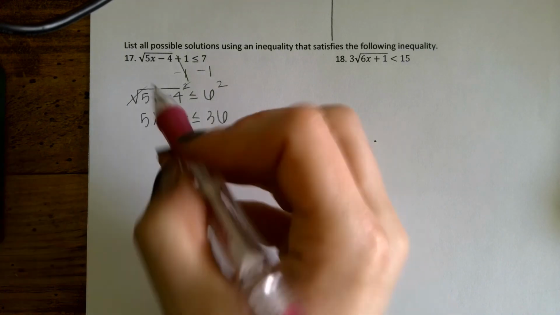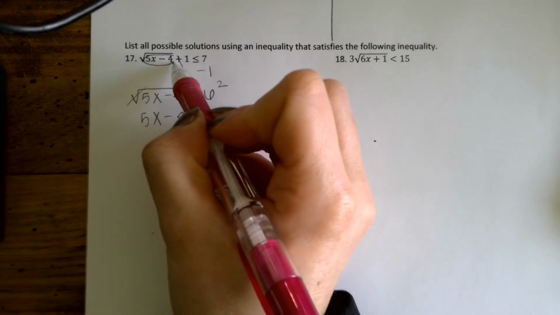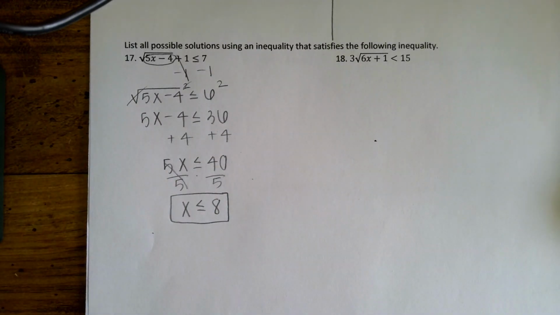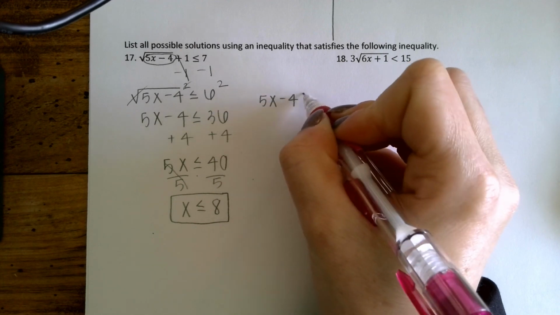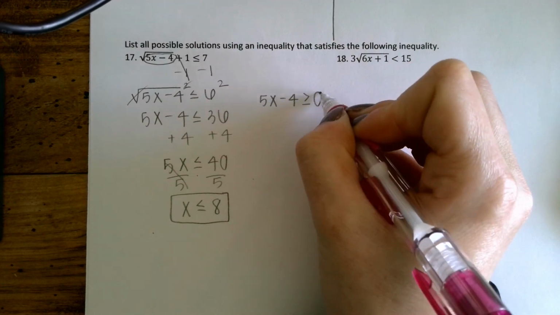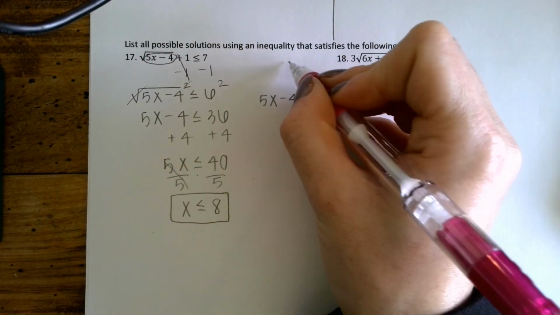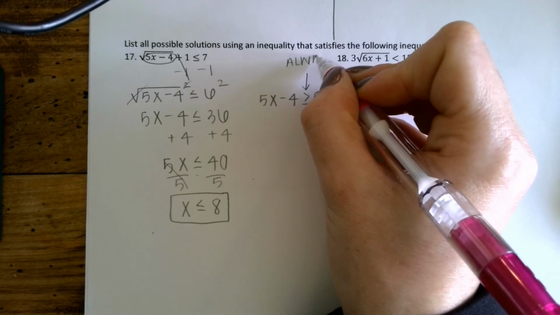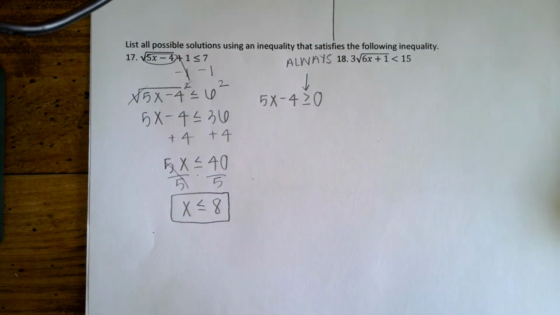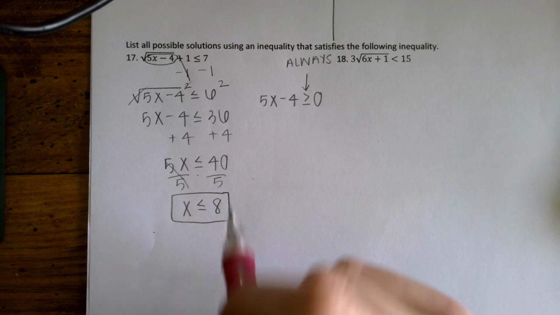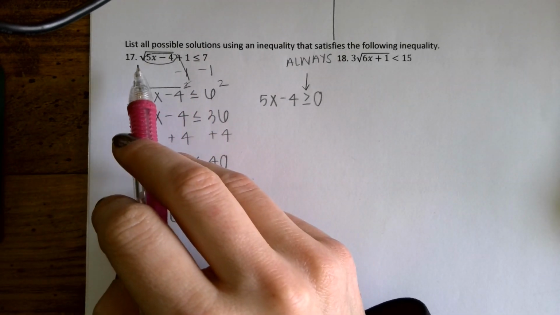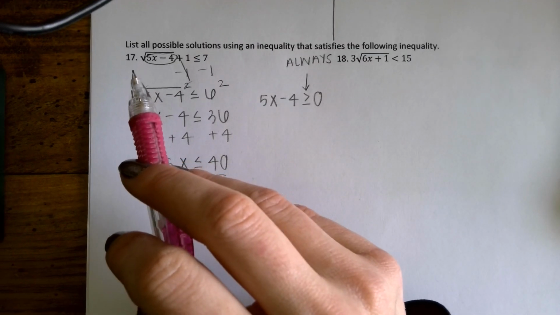Instead, what we're going to do is take whatever is inside of the square root, 5x minus 4, and set it greater than or equal to 0. This is always greater than or equal to 0. What we're doing here is making sure that we don't have any imaginary numbers. Imaginary numbers come from when the inside of your radical was negative.